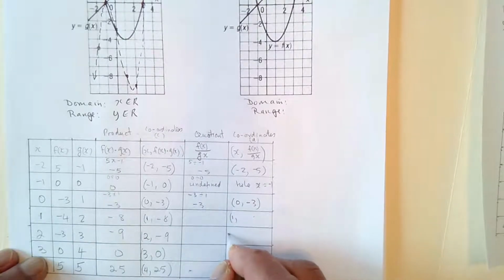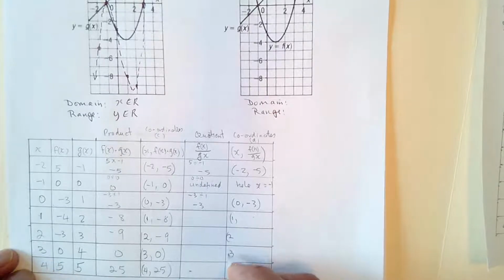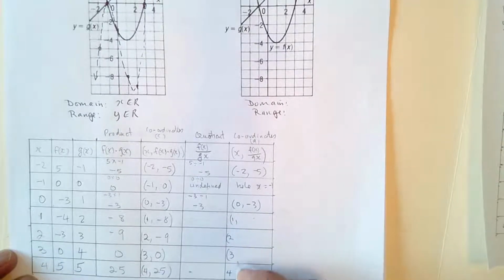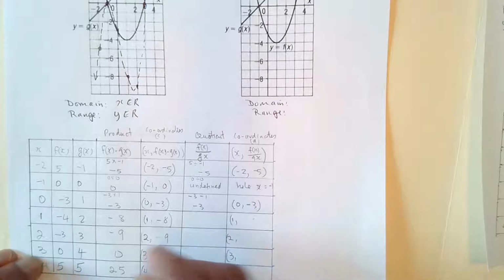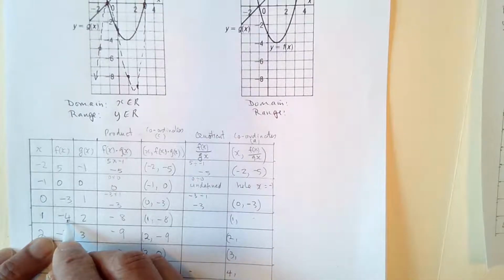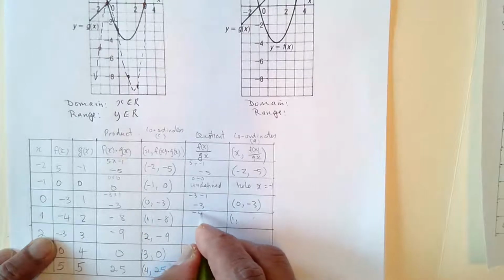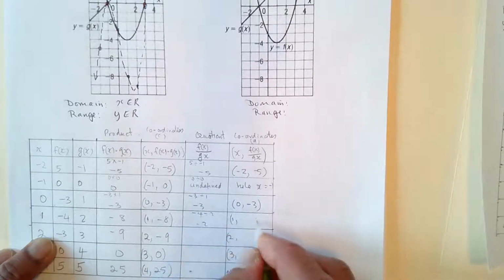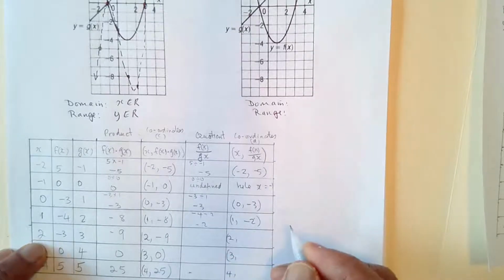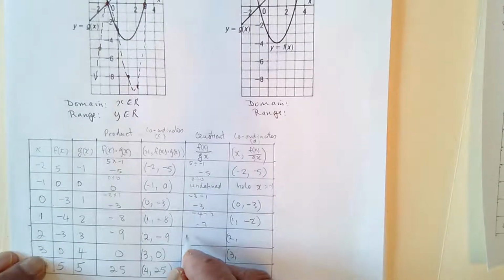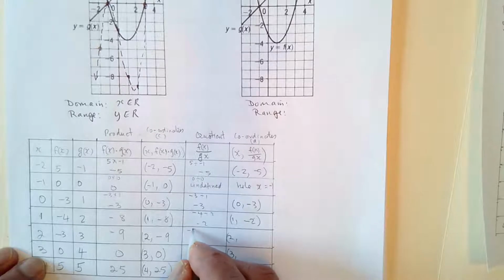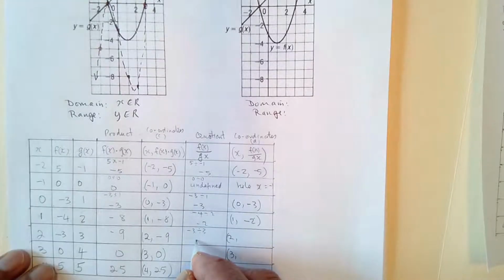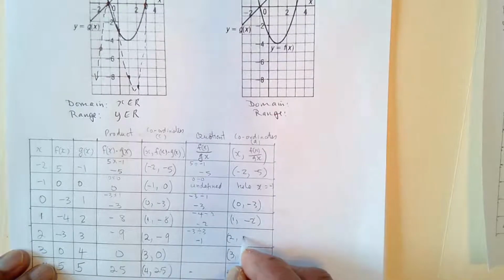1, 2, 3, 4. So -4 divided by 2 is -2. Then we have -3 divided by 3, well, -1.